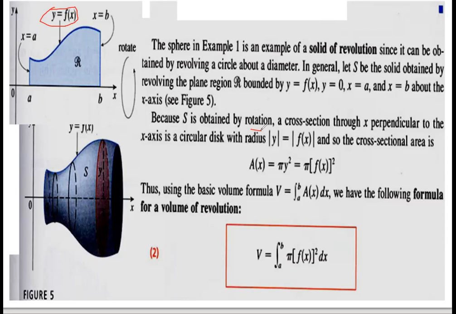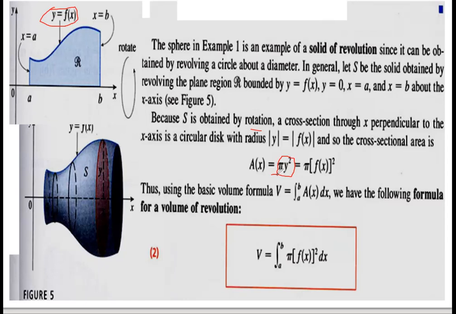Good. So what you're basically doing to find this volume is taking a thin slice. Now the area of that slice will be what? Notice here, y squared pi. Remember the formula for a circle? Pi r squared.